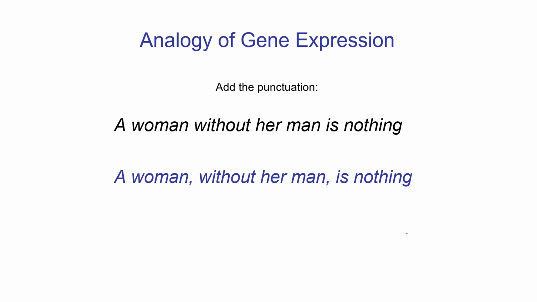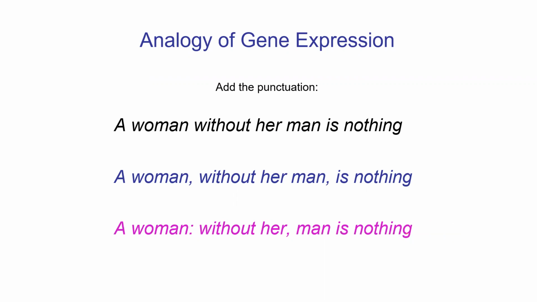A woman, without her man, is nothing. And the women in the classroom laugh and say, you got it all wrong. A woman: without her, man is nothing. So you can see that I have some words, and depending how you punctuate it and how you read it, there is a different context here.